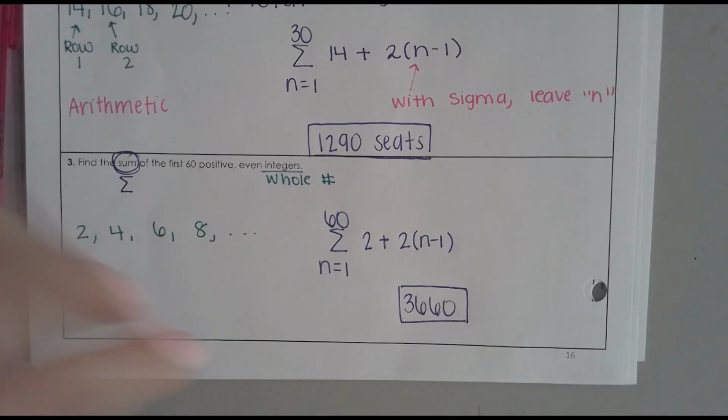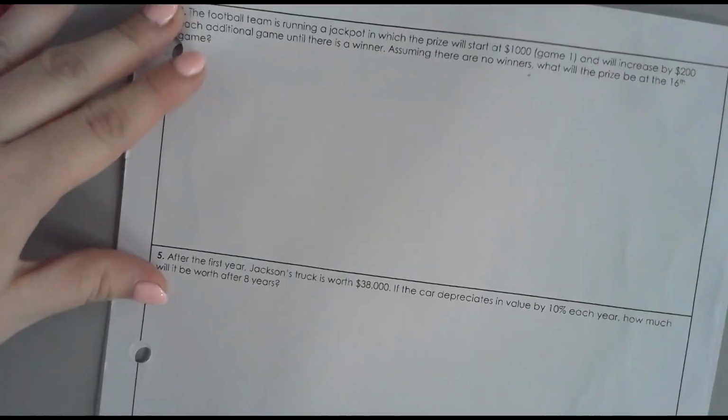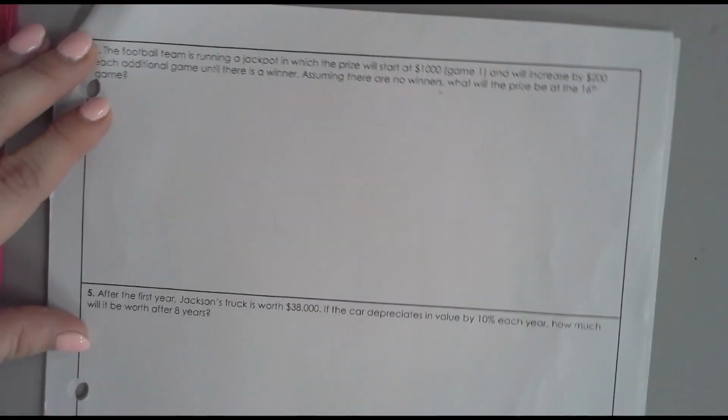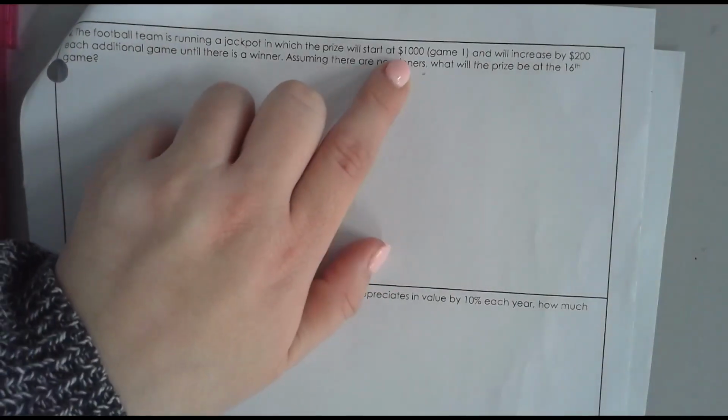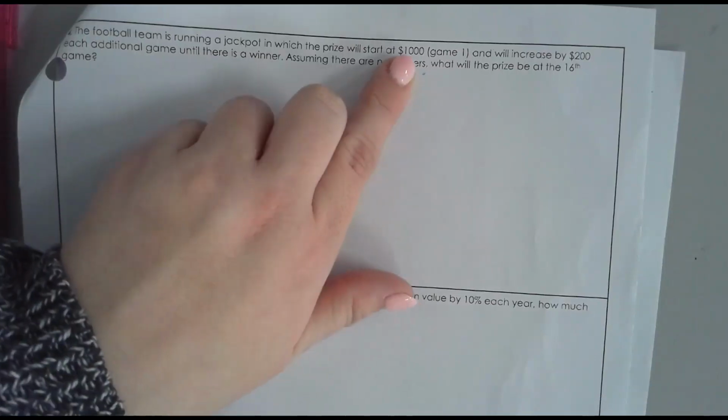Questions? Number 4. The football team is running a jackpot in which the prize will start at $1,000. Game 1, they've got $1,000 in the pot.